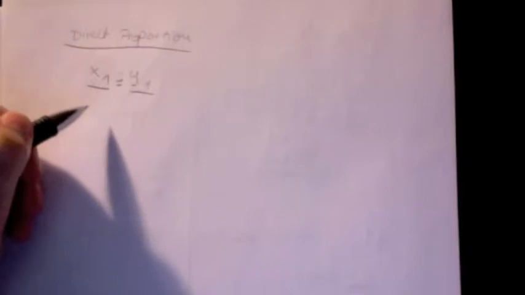So let's say we have x1 over y1 equals x2 over y2. Everything stays the same. All the x's stay on the same side, all the y's stay on the same side, and then you usually cross multiply. That's the whole idea of direct proportion.